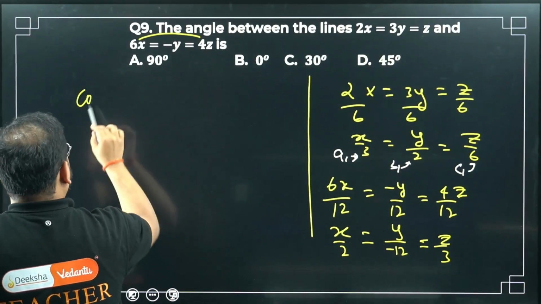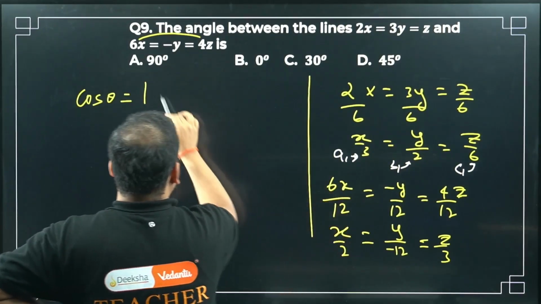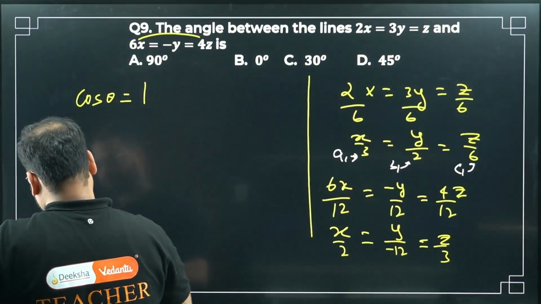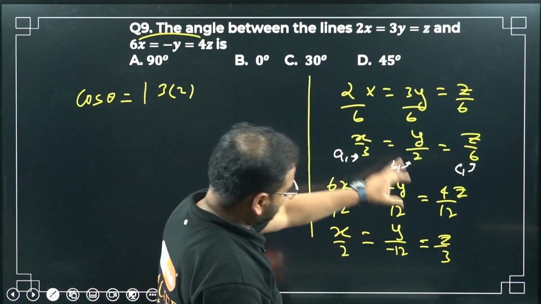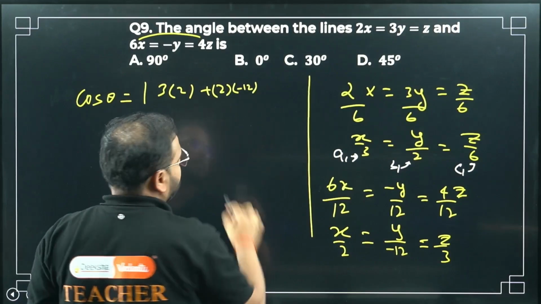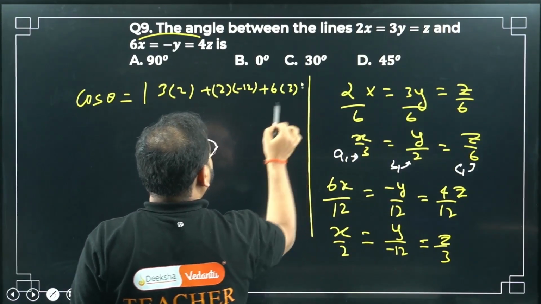cos theta will write, please check, 3 into 2, so 6. If I want, I can write the steps also. Think about how we got this, 3 into 2 is 6. Okay, 2 into minus 12 plus 2 into minus 12. Last is 6 into 3 plus 6 into 3.